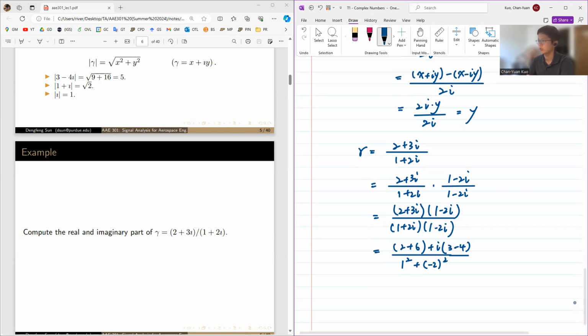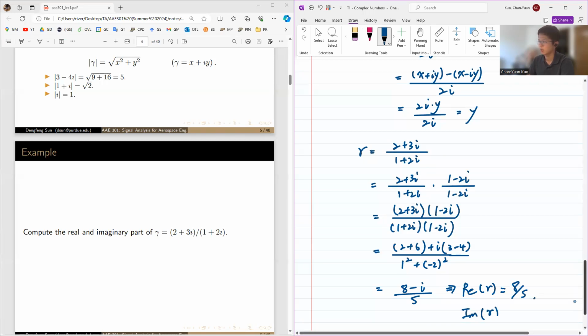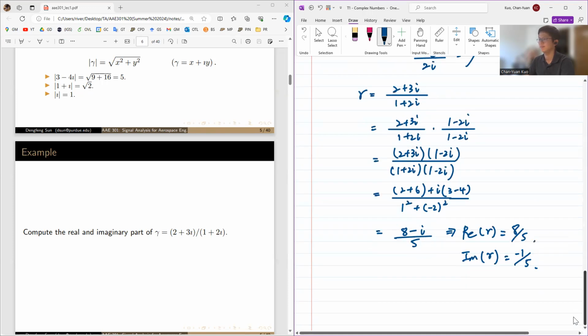So in the end, we will have 8 minus i over 5. So the real part of gamma is 8 over 5, and the imaginary part of gamma is negative 1. All right.